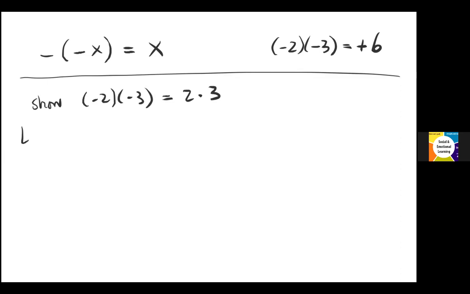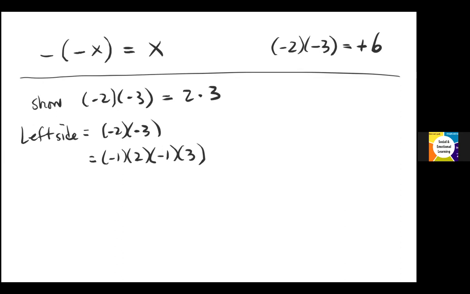They say, okay, well, the left side is equal to -2 times -3, which we could separate into -1 times 2 and -1 times 3. So I'm factoring these negatives out. That's this word again, factoring. I'm factoring out a -1 from both -2 and -3.